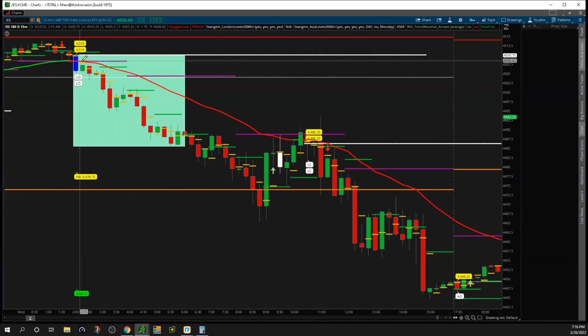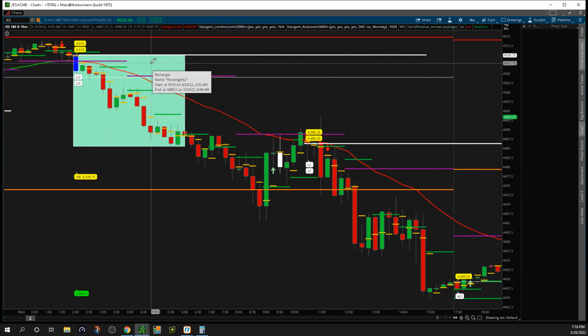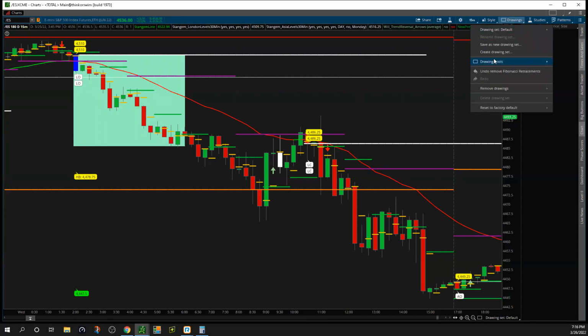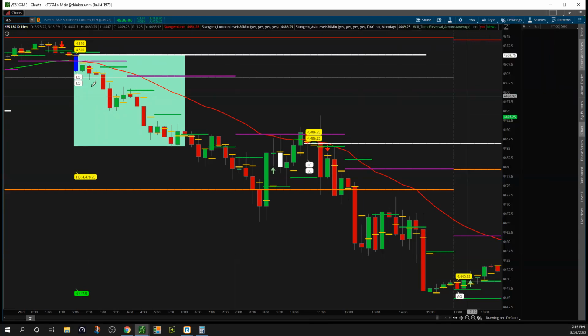Look, Stangem line in the whole block says red. Key clue number 1: Stangem line red.